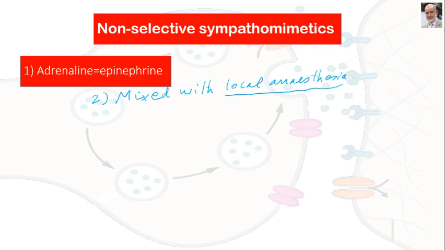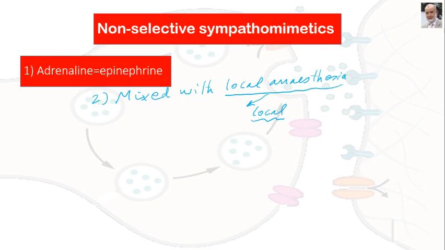So usually in this case we want a local action. We don't want a systemic effect. Like when you go to the dentist, he will inject you with a local anesthetic so that he can produce a local anesthesia at the site of operation, for example.